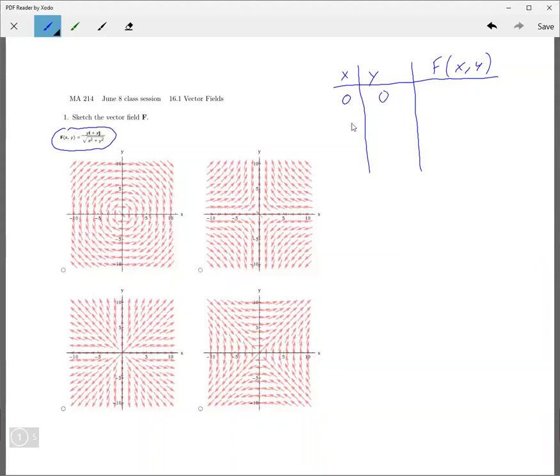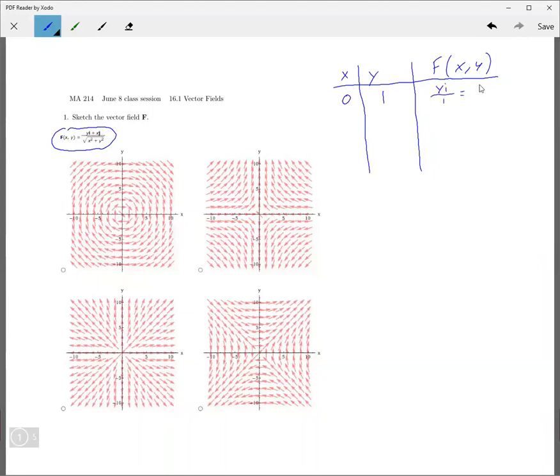So if x and y were both 0, well, that's not going to work because that would just be 0 in the denominator. So we won't try that one. Let's make y 1. So if x is 0 and y is 1, then that would be a 1 in the numerator. So that would be yi over 1.